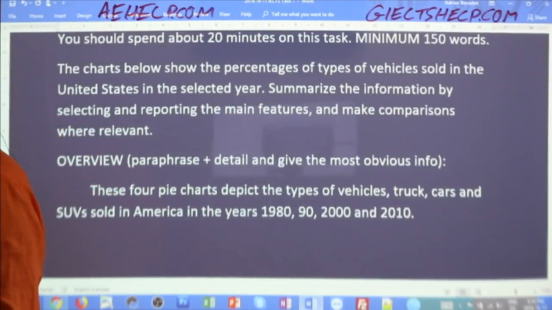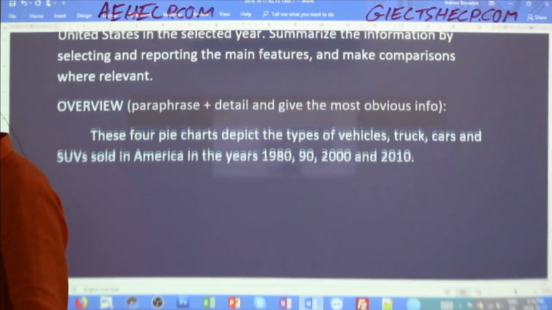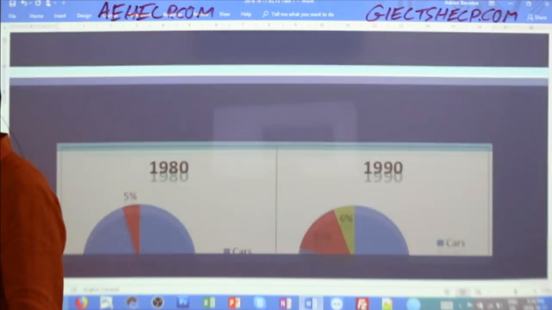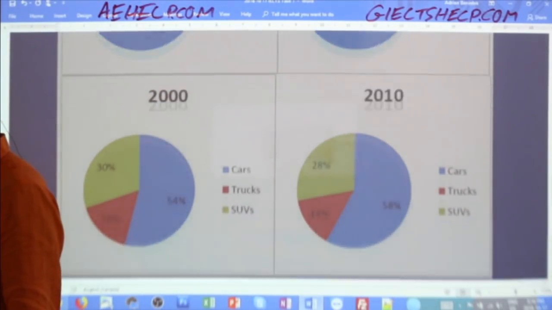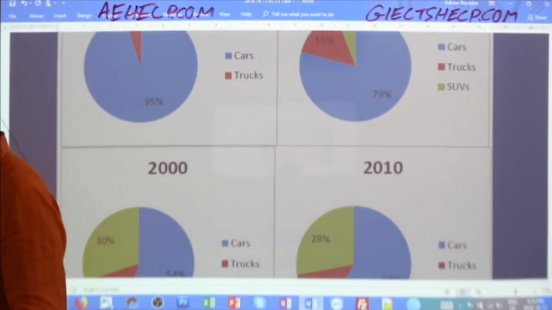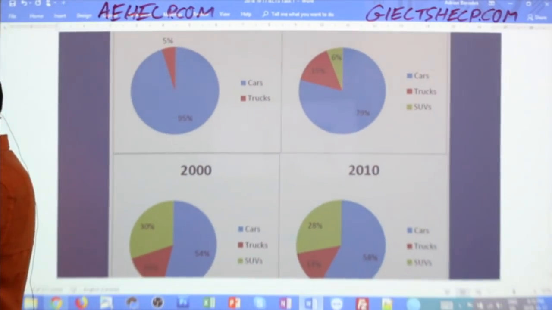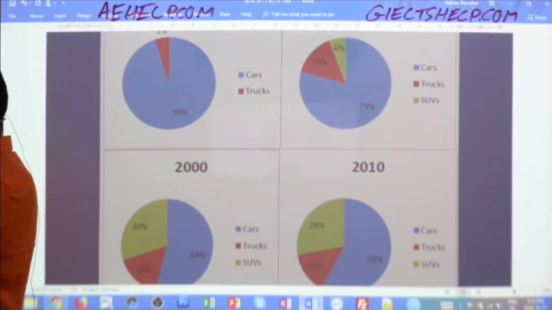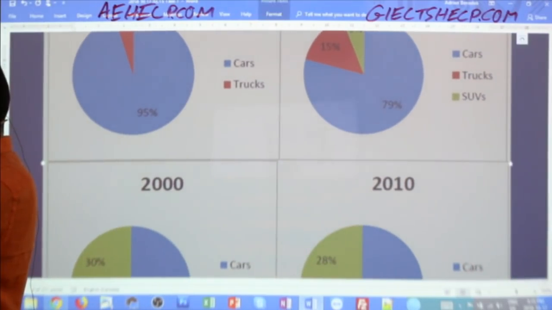Second, okay, so just like I mentioned here for the overview, you basically take a look at your charts, graphs, your data. If it's a diagram, you look at that. And then you identify the most obvious piece of information. What is the most obvious piece of information in these 4 pie charts, okay?